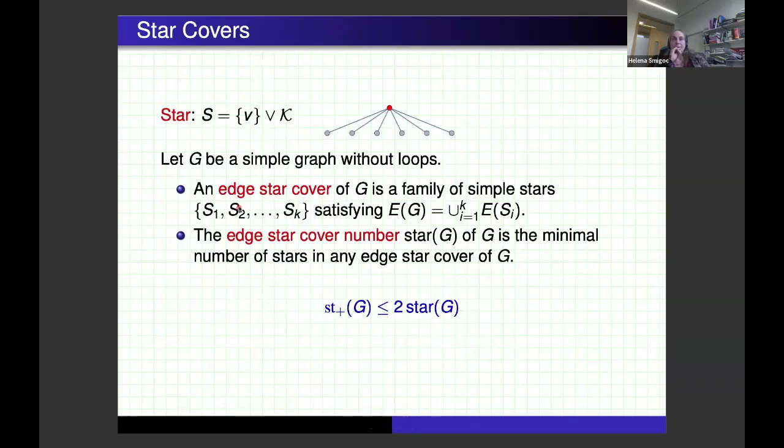Starting with trees. Because trees have no cycles, we are actually restricted to covering with stars. So here we can study stars and covers with stars independently, whether we're talking about a tree or not.